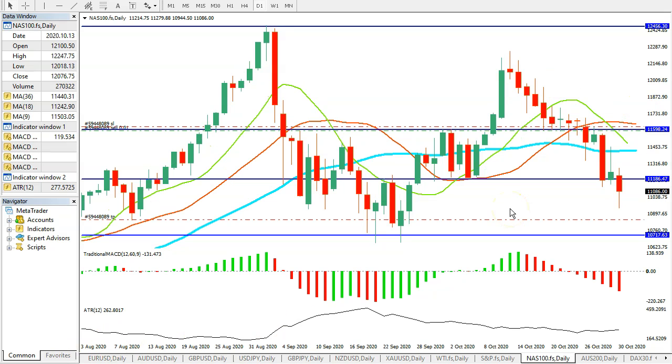Similar with Nasdaq, after the uptrend, now we have a move sideways and a slight bias to the downtrend. We see the price starts moving down, and we have an inside bar here with a pin bar that broke below.